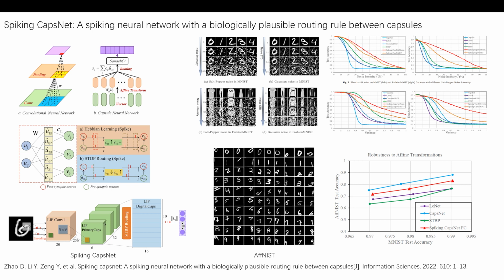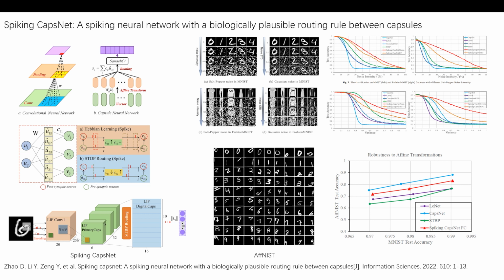Moreover, since the SNN uses discrete spikes to transmit information, the sparse spiking firing activity will make the weight of the network not updated for a long time. Therefore, we consider extending the Hebb-like learning to the STDP learning rule, which we call STDP routing, to strengthen the connections between the low-level and the high-level capsules in spatial and temporal domains.